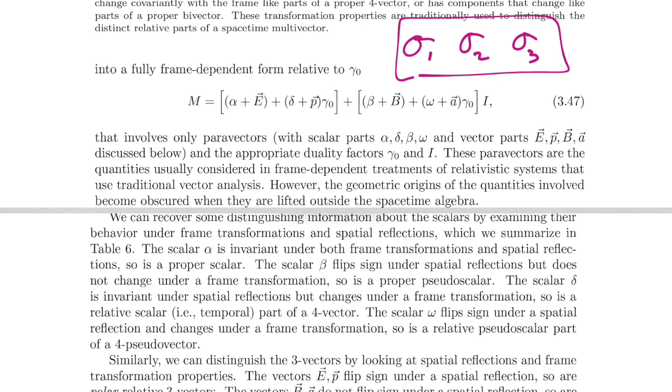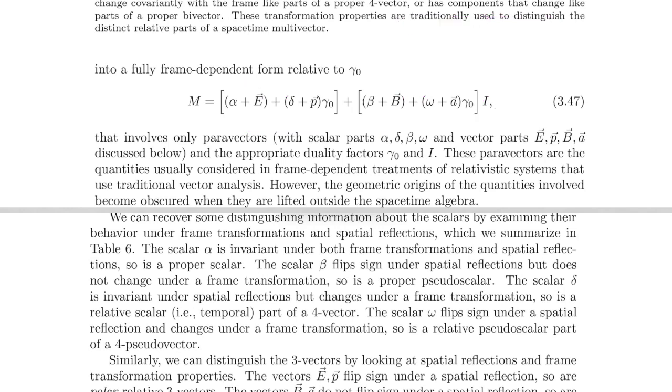And we're just saying there's no quantity in this entire expression that doesn't depend on gamma 0. Because this is a paravector, so alpha and E depend on gamma 0, likewise here, likewise here, likewise here, and that's everything. And even I depends on gamma 0, because there's a gamma 0 in I. So that's the point of this.